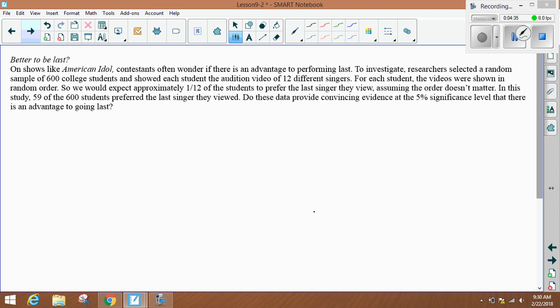So we would expect approximately 1/12 of the students to prefer the last singer debut, assuming the order doesn't matter. In this study, 59 of the 600 students preferred the last singer debut. Do these data provide convincing evidence at the 5% significance level?